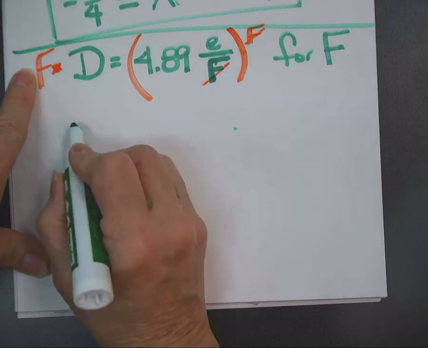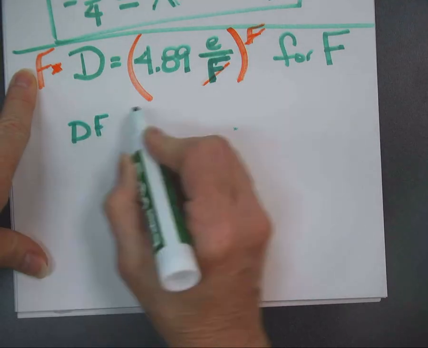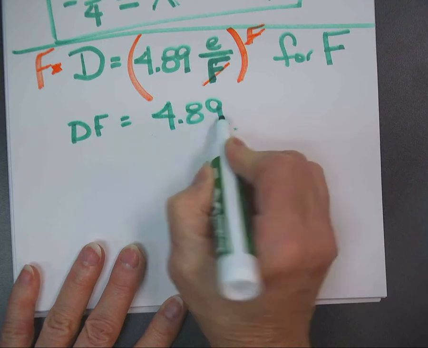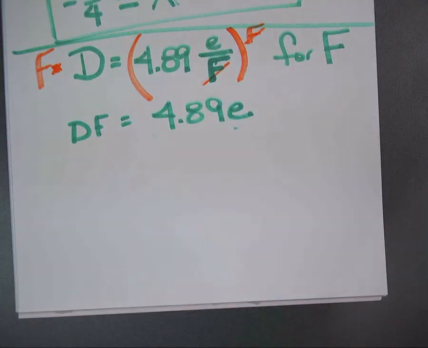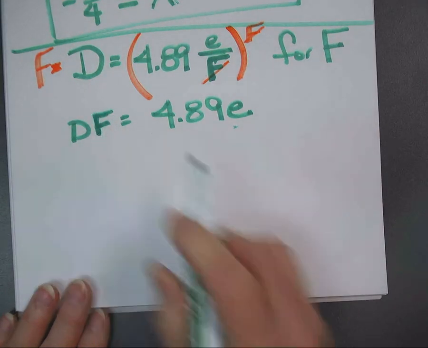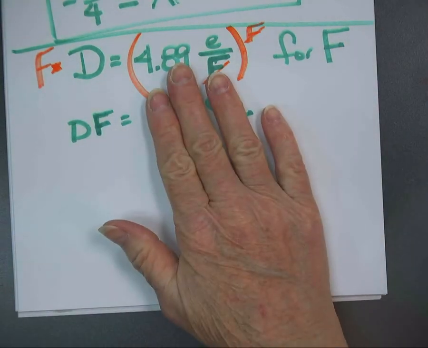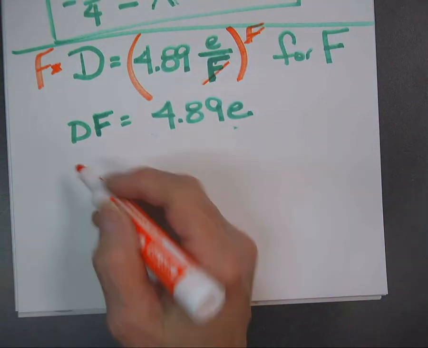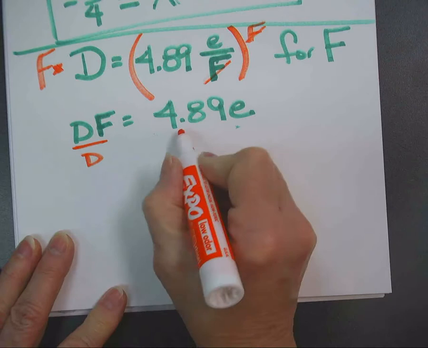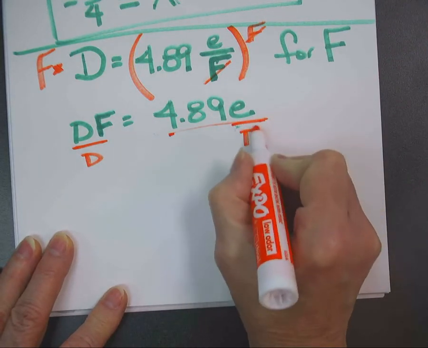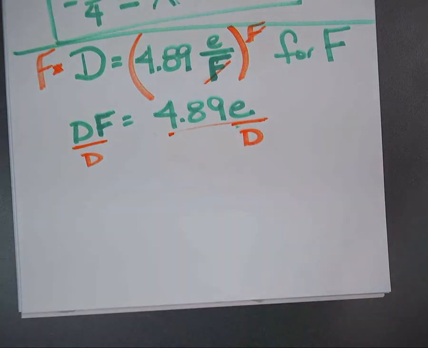So we have DF or FD, it doesn't matter. It's almost by itself, right? How are we going to get it by itself? Divide by D. And you can put it under the whole thing or just put it over here, either one.